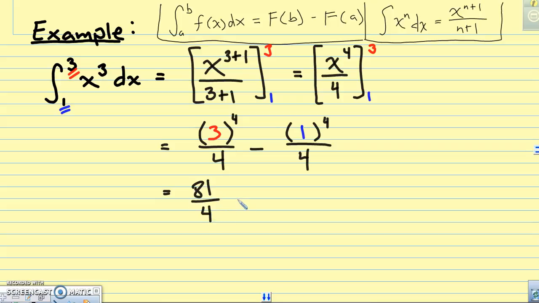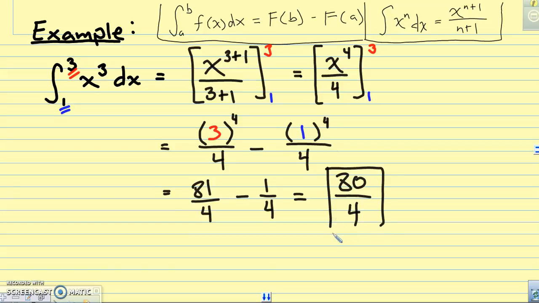So we get 81 over 4 minus 1/4, or just 80 over 4. I know you can simplify that, but that's not what I'm trying to get across to you guys. I'm trying to get the idea across. So I'll just leave it as 80 over 4 as your final answer.